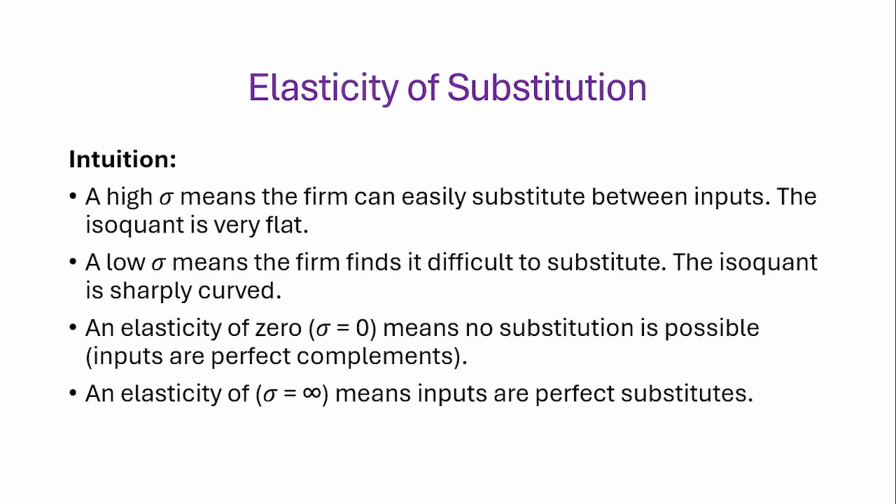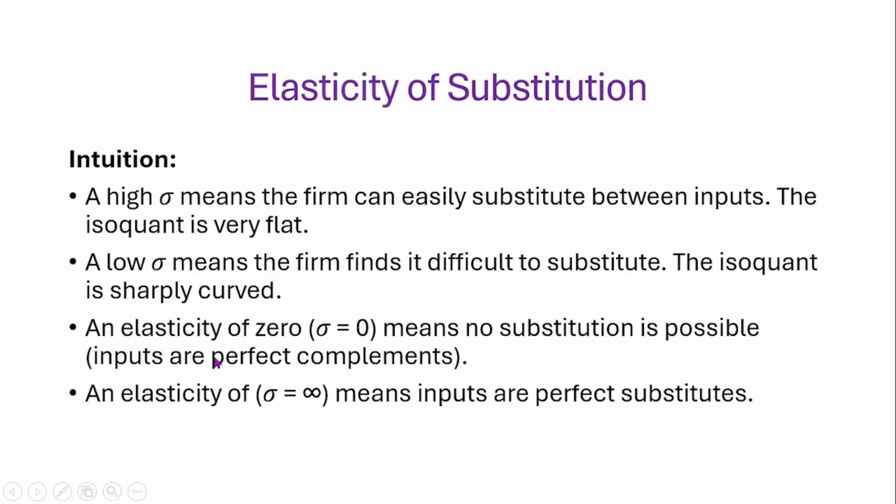When sigma is very high, one producer can substitute inputs for each other very easily, and when sigma is low, the producer has difficulties changing the ratio.